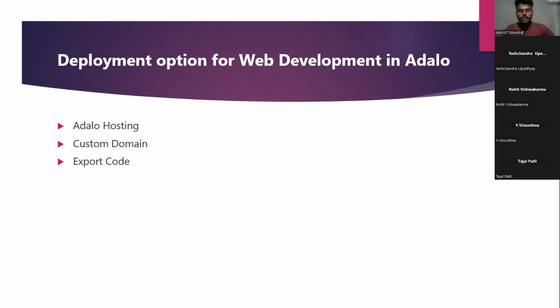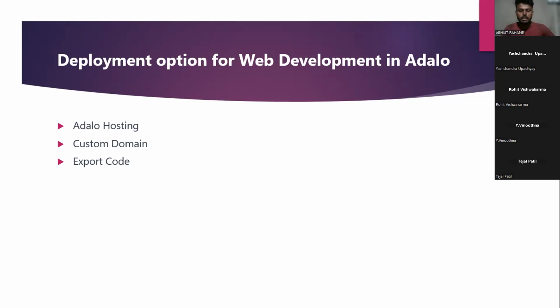Adalo allows you to export the code of your web application. This feature provides flexibility if you prefer to host your application on a different web hosting platform, or you have a specific hosting requirement. When you export the code, you receive HTML, CSS, and JavaScript files for your web application, which you can upload to your chosen web hosting platform.